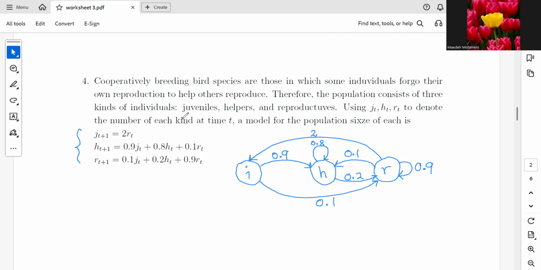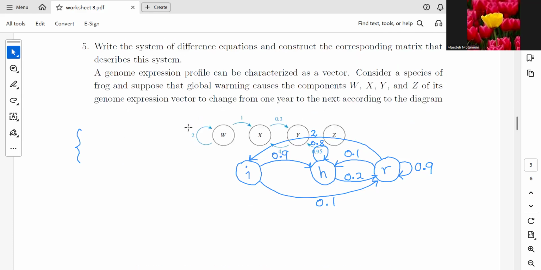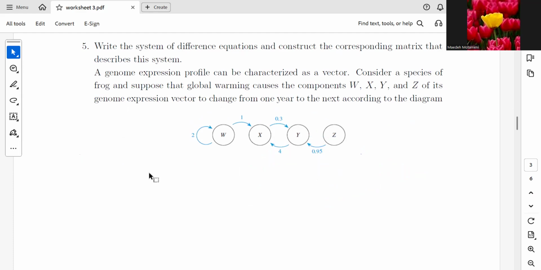Number 5. Again, please pause the video, read the question, and then continue. So we're translating this diagram into equations and then matrices.